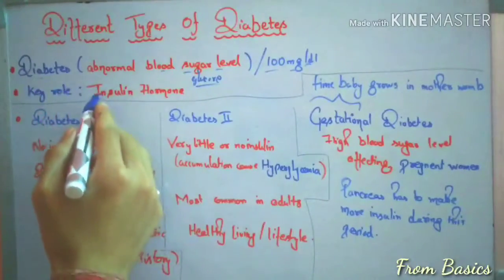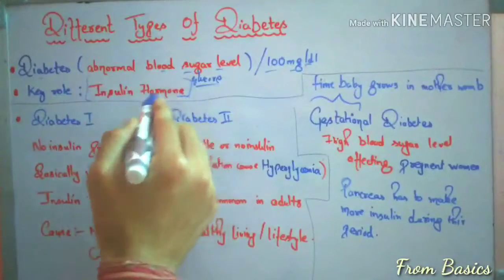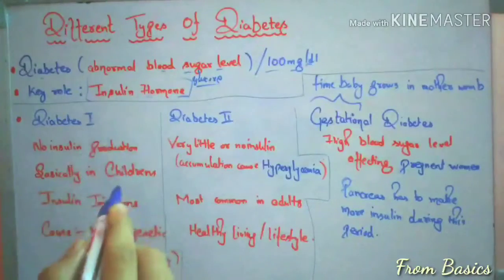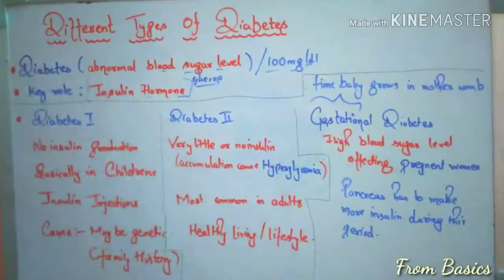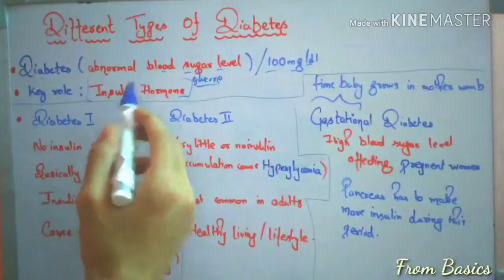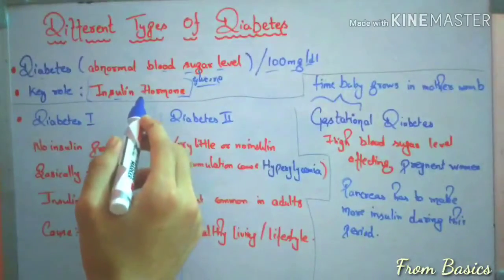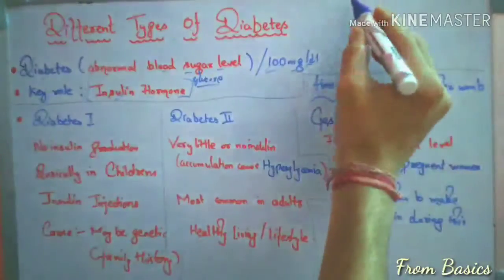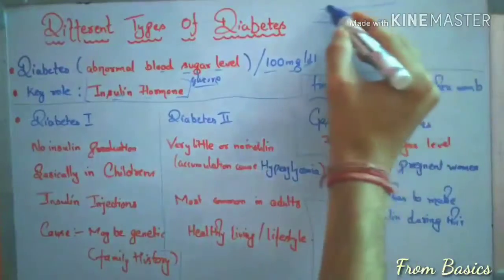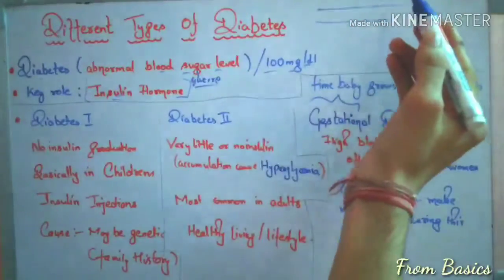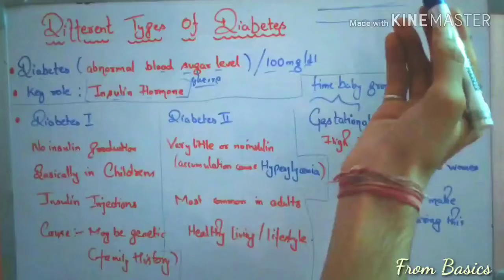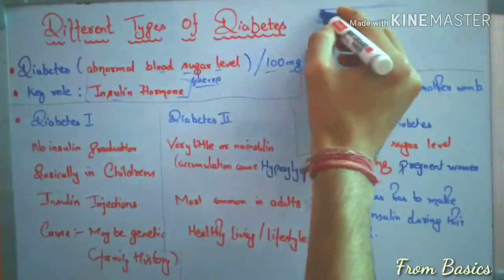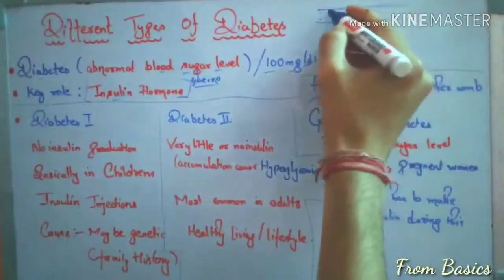The major factor involved in diabetes is the insulin hormone. Insulin is released from the pancreas by the beta cells. The function of insulin is, for example, if we eat carbohydrates, these are converted into simpler sugars, like monosaccharides. The monosaccharide glucose enters into the bloodstream.